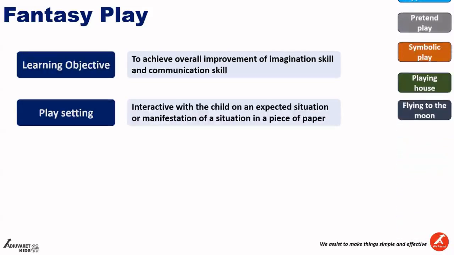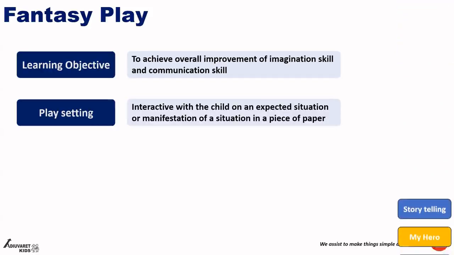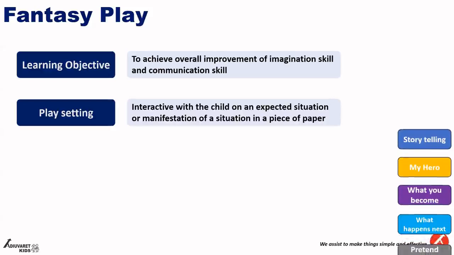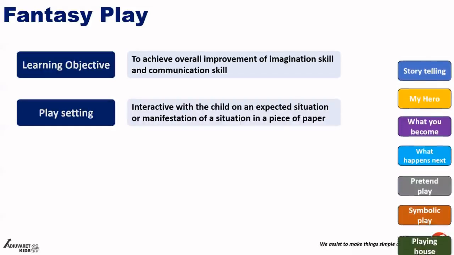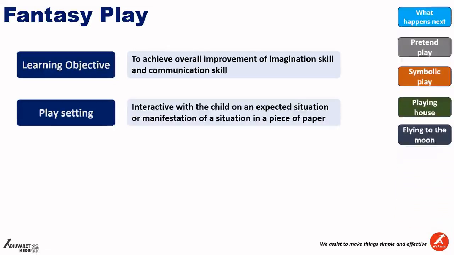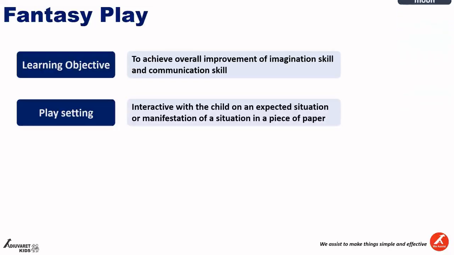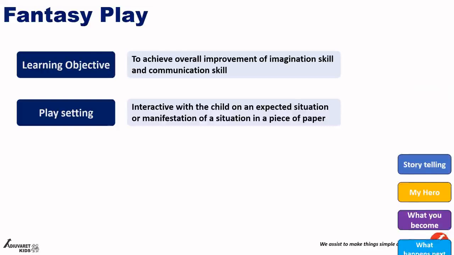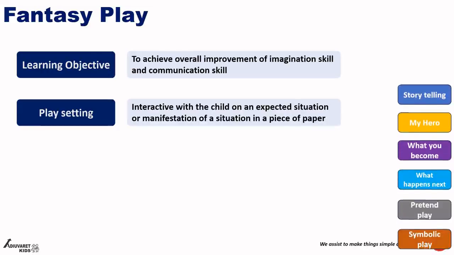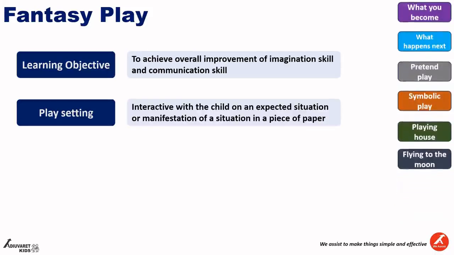Once imagination is happening at the cognitive level, the manifestation can also be traced through such a play setting. For example, we can say that if there is a cloud, then somebody is walking on the cloud. How do you expect that to look? Then it doesn't matter whether a child is in nursery, LKG or UKG, the child will try to put everything on a piece of paper with a crayon.